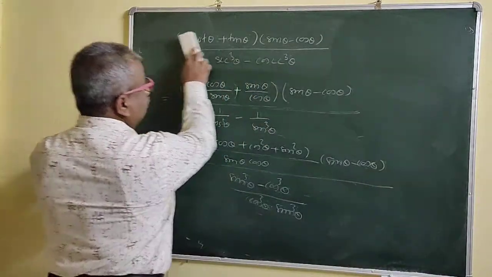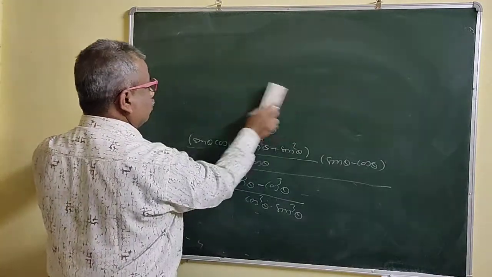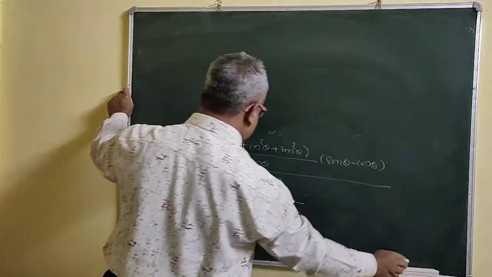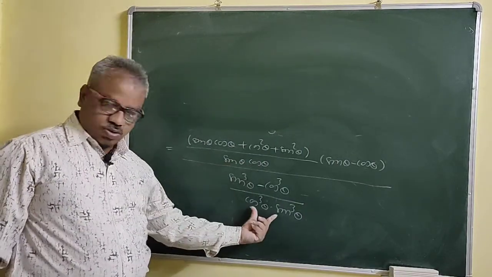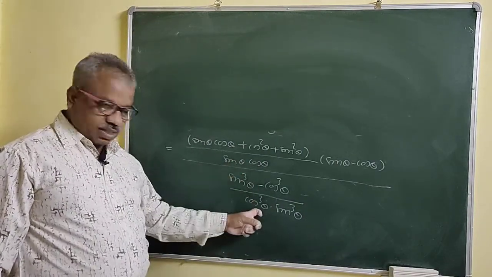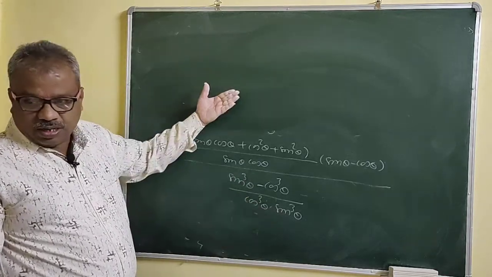So you have to do it carefully. So what will we do now? Now see, the denominator is sin theta cos theta. This is also cos cube, so one gets cancelled. But this denominator will come to the numerator.